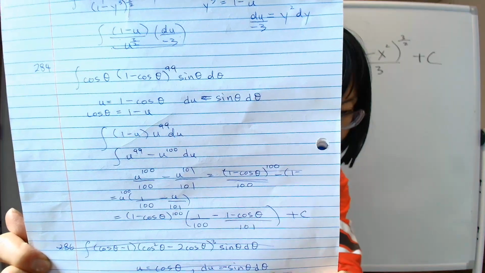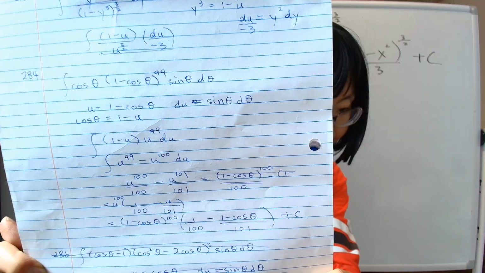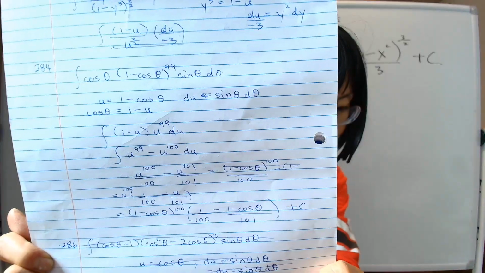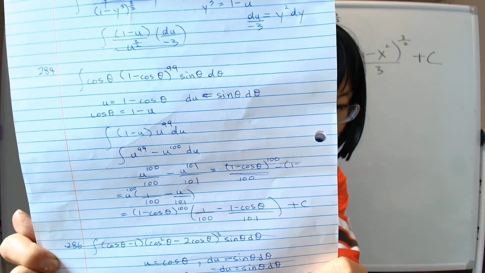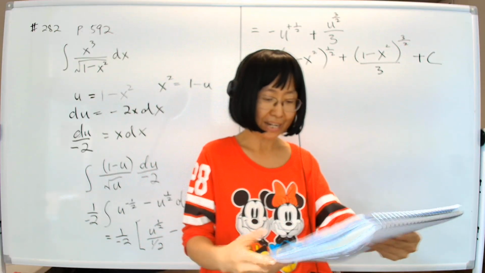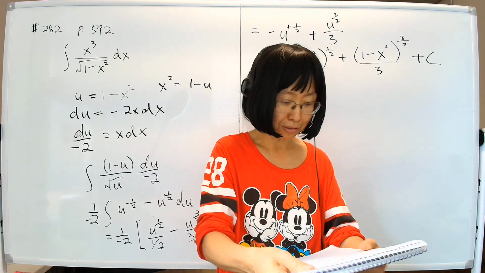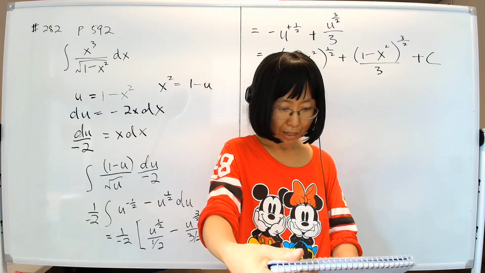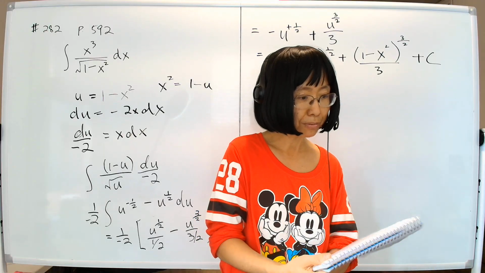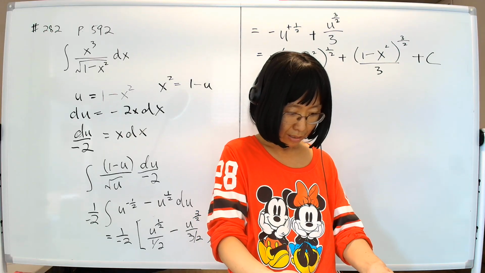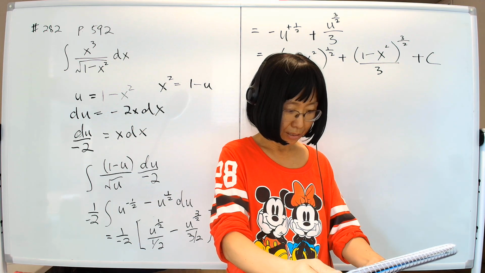The answer is at the bottom, and that should be correct. It's an even number, so we don't have the answer, but if I was careful about it, it should be correct. And if there's a mistake, then you will notice it right away. Next problem I want to do is 287.